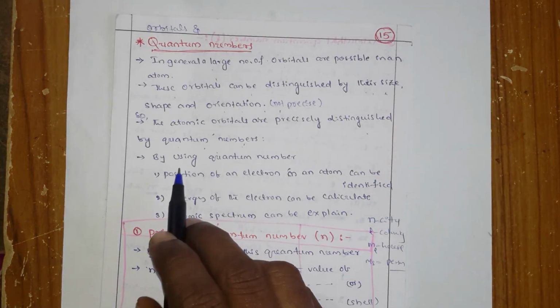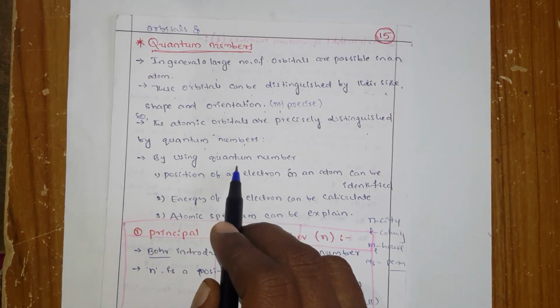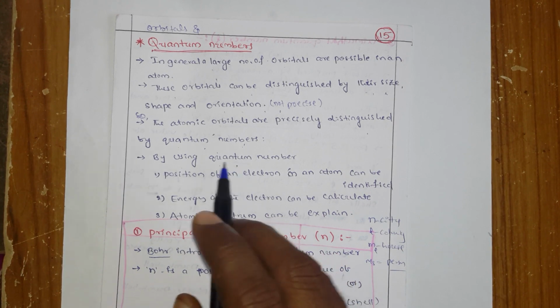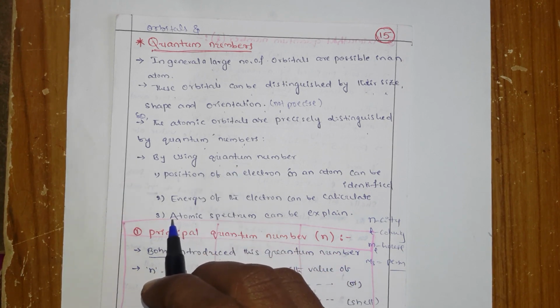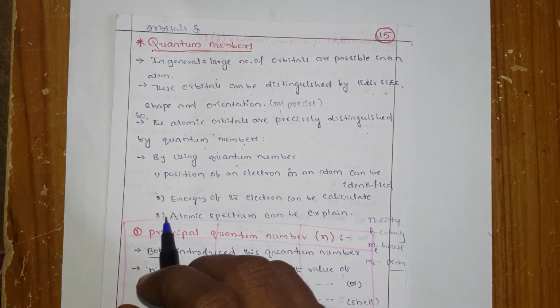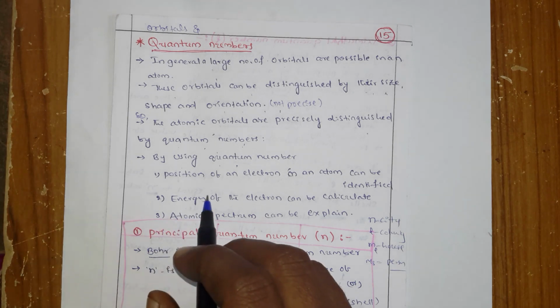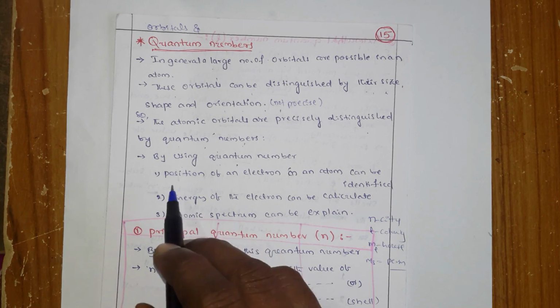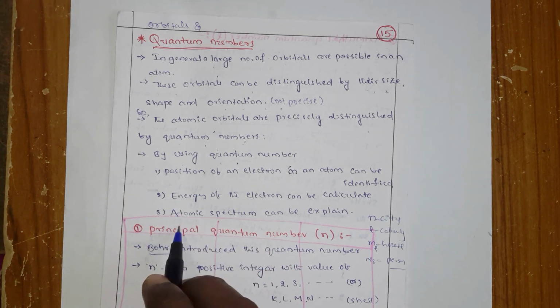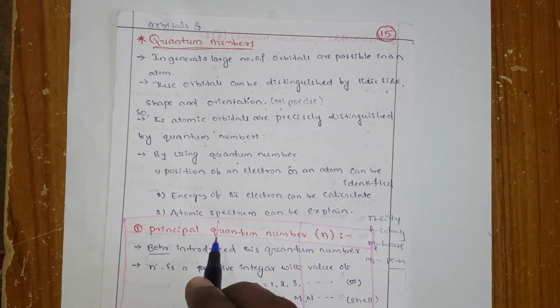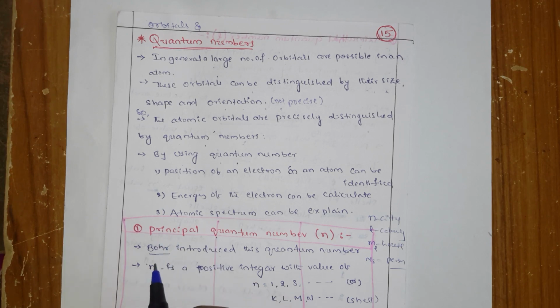So what quantum numbers do they use, like your state, district and mandal? The first one is the principal quantum number, the second is the azimuthal quantum number, the third is the magnetic quantum number, and the fourth is the spin quantum number.